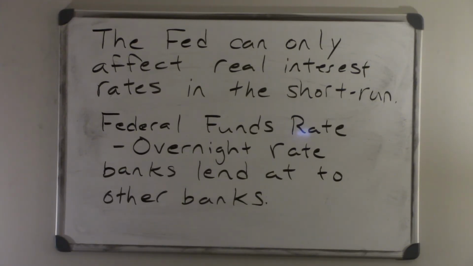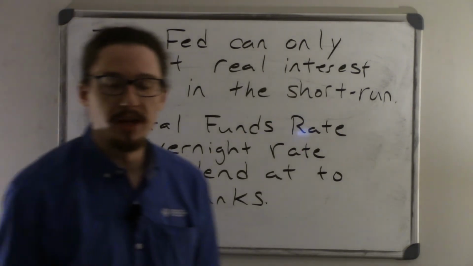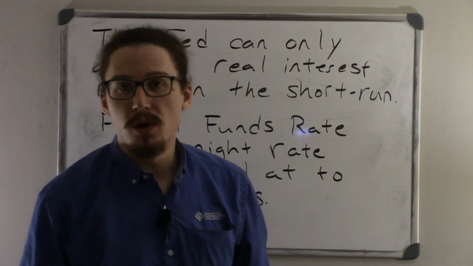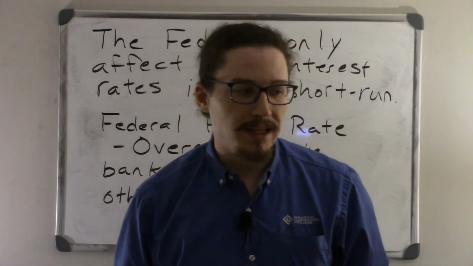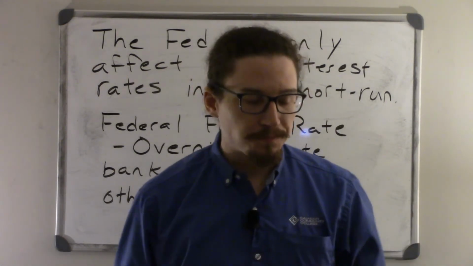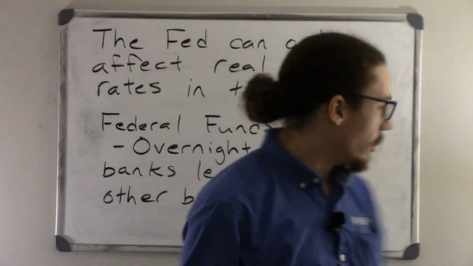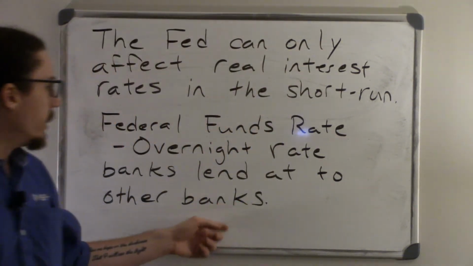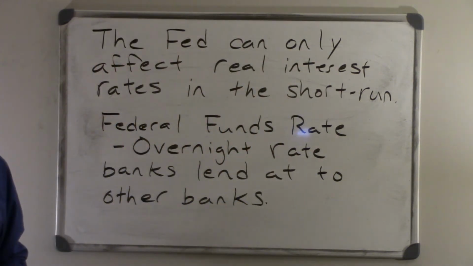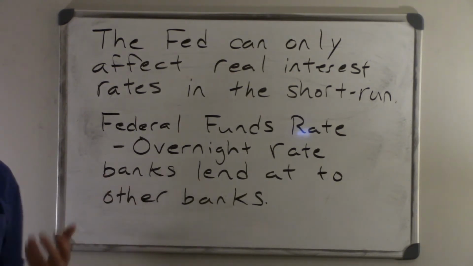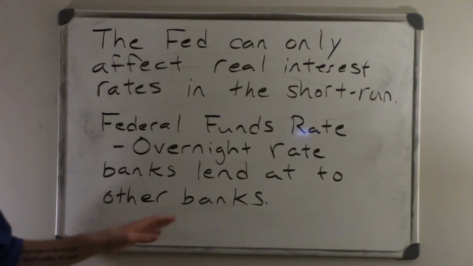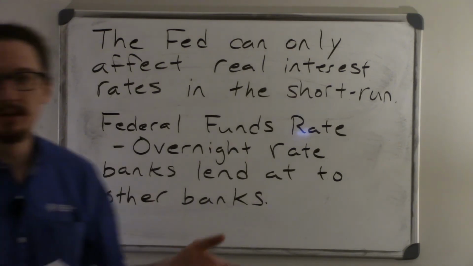So if a bank needs a loan, maybe they need some money to make sure that they meet their reserve requirement at the end of the day, then they might get a loan from another bank to balance their books. And it's just overnight, very short term.